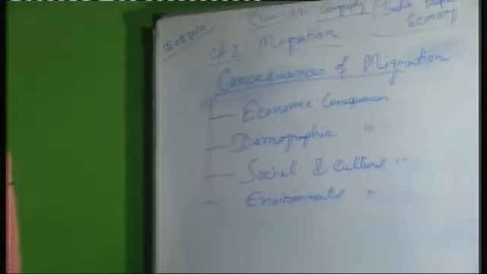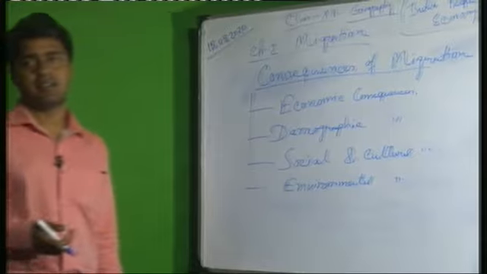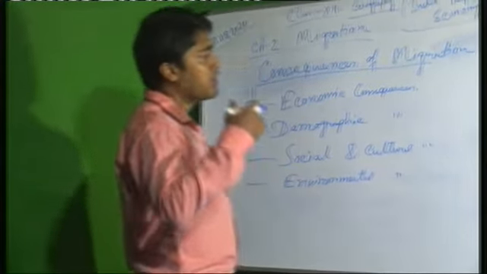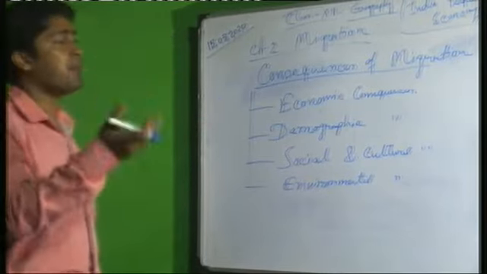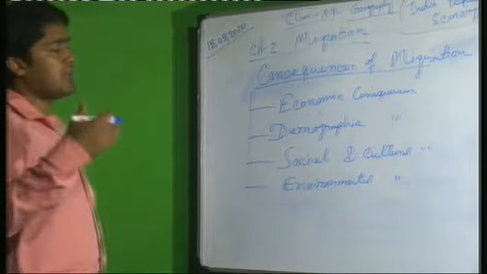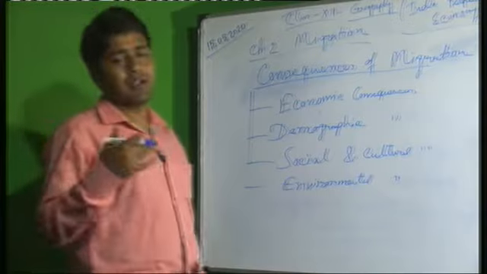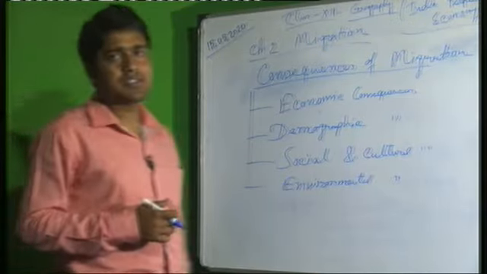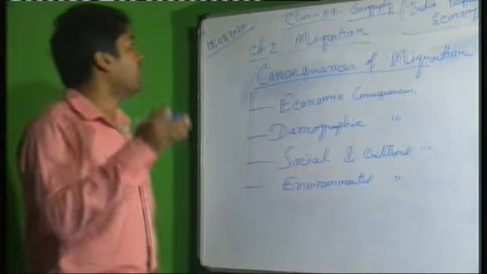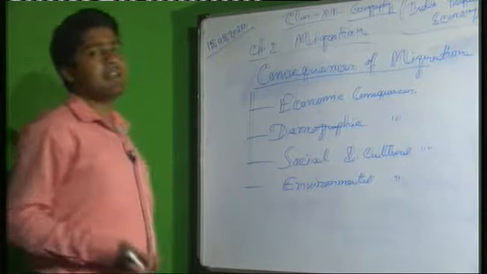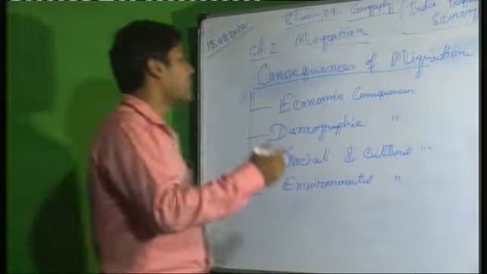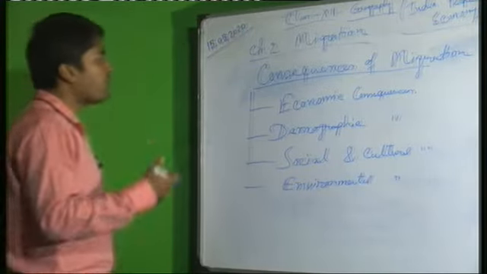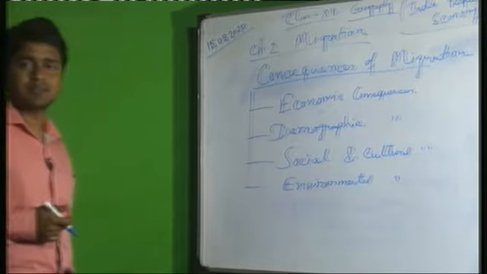You know that due to migration, in some places the number of population may increase, and in the areas where people lived before, the number of people decreases. So economic consequences means that if in some places the number of people increases, then several types of problems can arise.